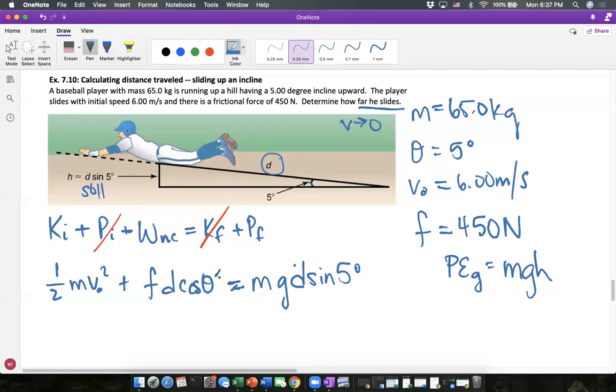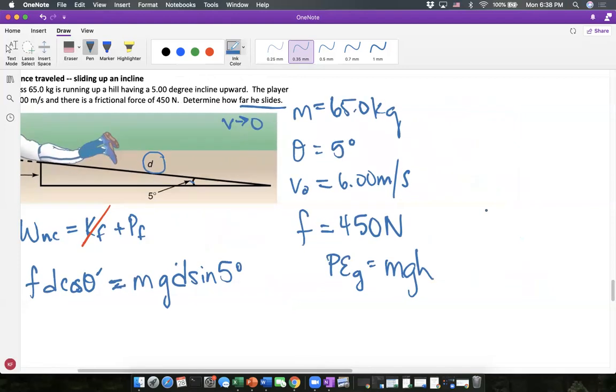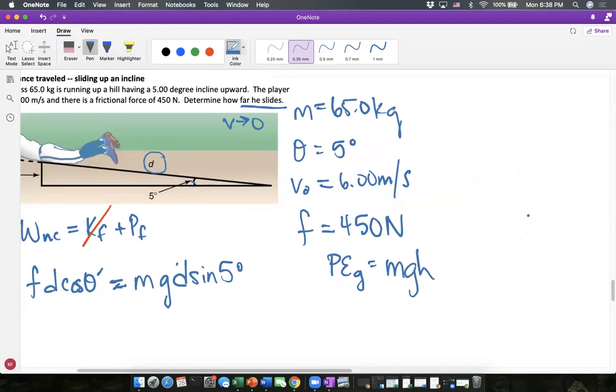All right. Let's quickly look at what this theta prime here is, since it's not the same as here. When we're looking at this situation, we are looking at our frictional force, which is going to be opposite to the way he's moving, because his force is going in that direction.